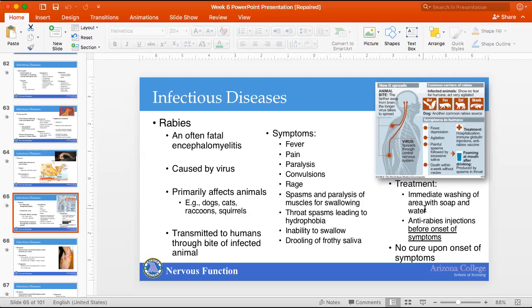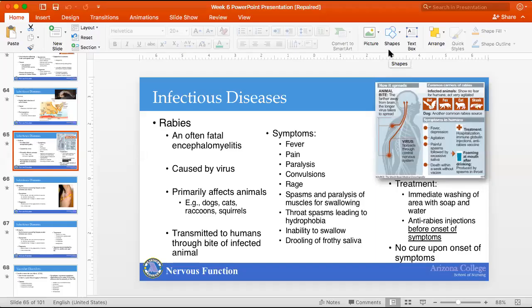The treatment would be immediate washing of the area with soap and water, anti-rabies injections before onset of symptoms. Typically there's kind of a latency period, and there's no cure upon onset of symptoms.